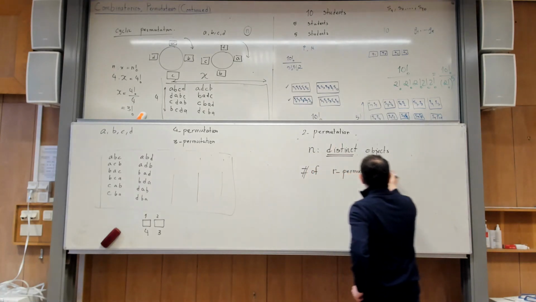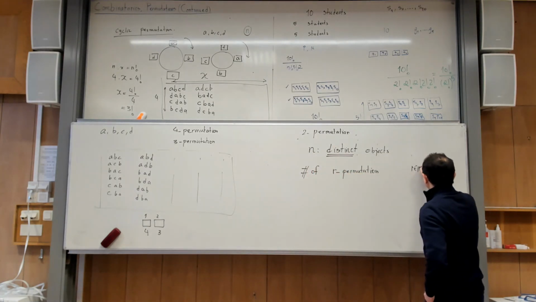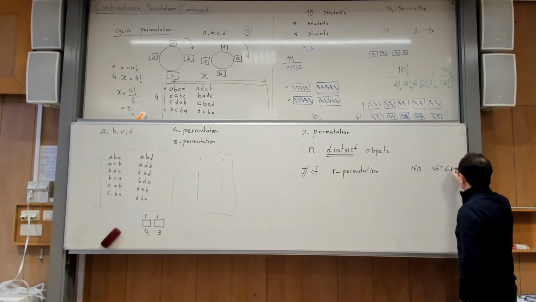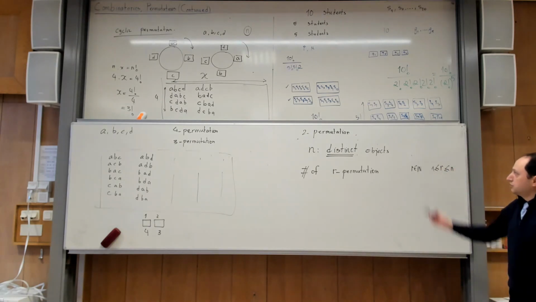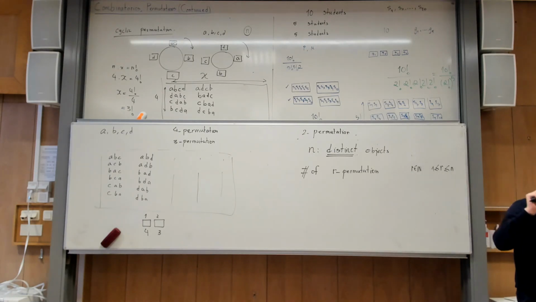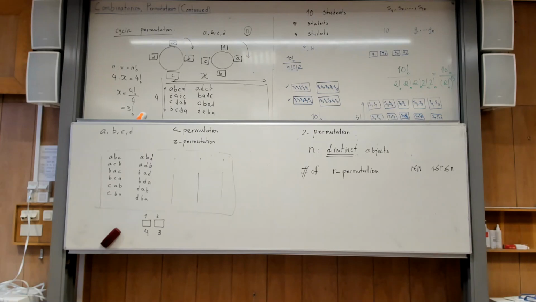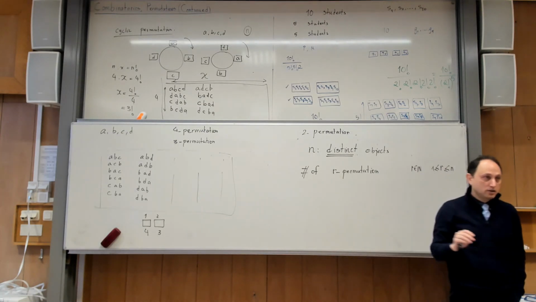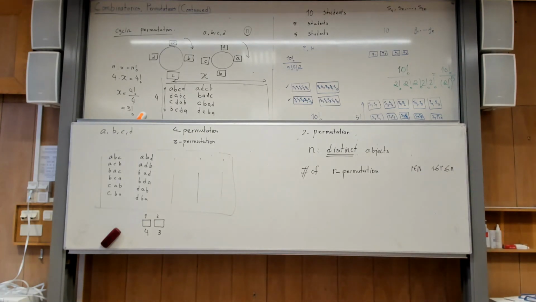I mean r is a natural number between 1 and, at most, n. We want to answer this one. This is an extremely important formula that you need to remember. Of course, the formula will be given to you in the formula sheet. And you also have a button on the calculator calculating r permutations, the number of r permutations. That is one of those things that you have to remember if you want to solve problems in combinatorics.